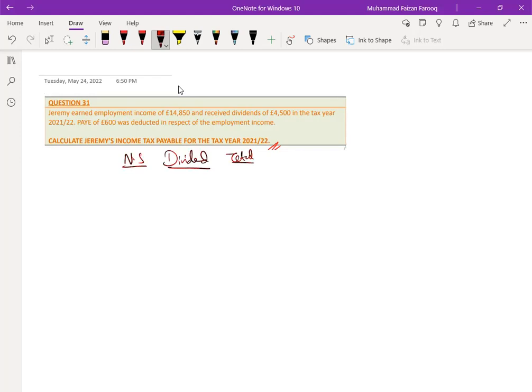Under non-savings we have employment income, 14,850. Then there is no other income, only we have dividend received, which is 4,500.